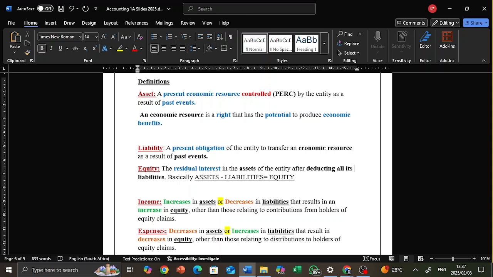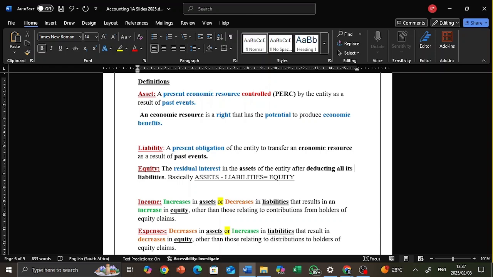For us to truly know that we have an income, we need to see that our equity has increased. Okay, so using the Pick and Pay example once again, the asset is your bank balance. That 1,000 rand is your bank balance. It is your asset.